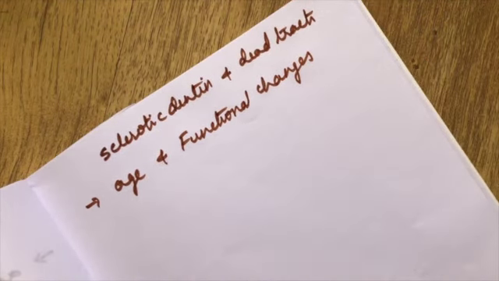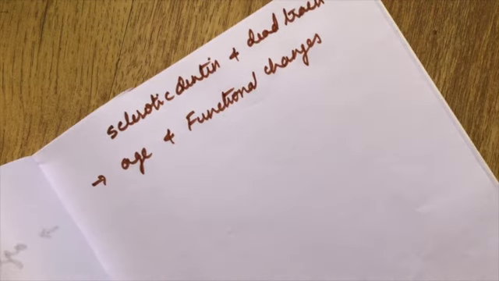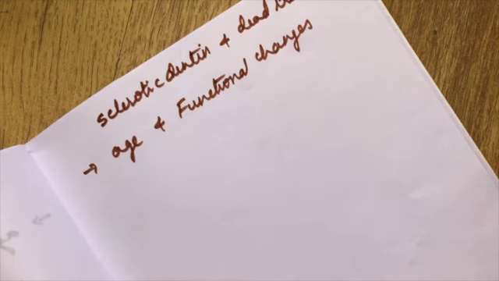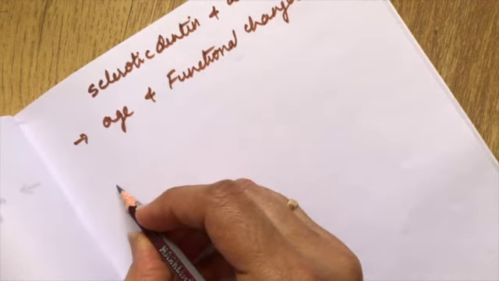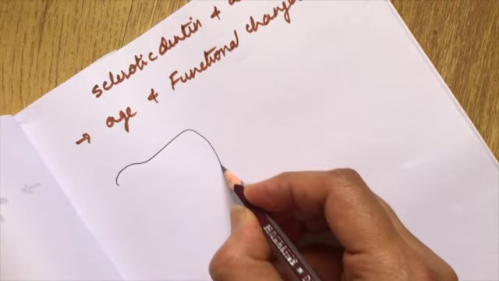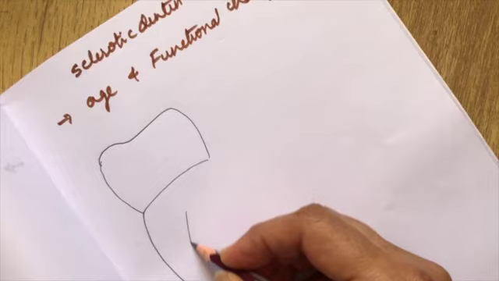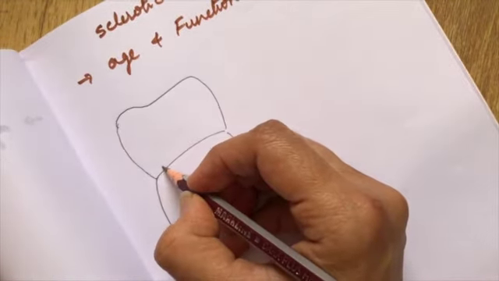Before we go into the details of sclerotic dentin and dead tracts, I want to tell you a little bit about dentinal tubules. Now we know that the structure of tooth goes like this. So imagine this is the tooth structure with root, a rough diagram of it.